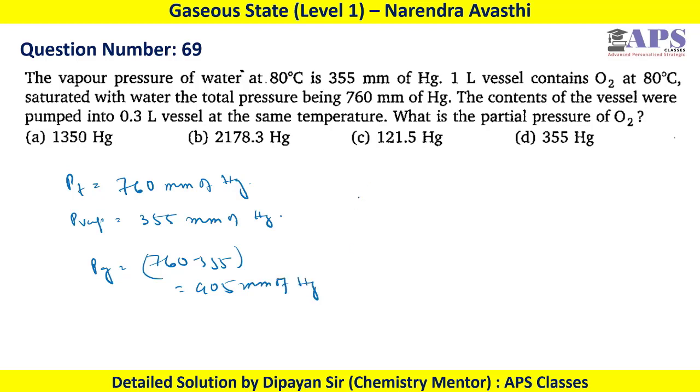Now we can use P1 V1 equal to P2 V2, that is 1 liter vessel, this will be the mm of Hg of the gas. Final volume is 0.3. We have to calculate the partial pressure of the oxygen. So the partial pressure of the oxygen will become 1350 mm of Hg. So option A will be the correct option.